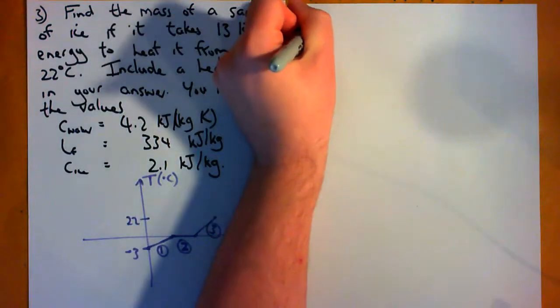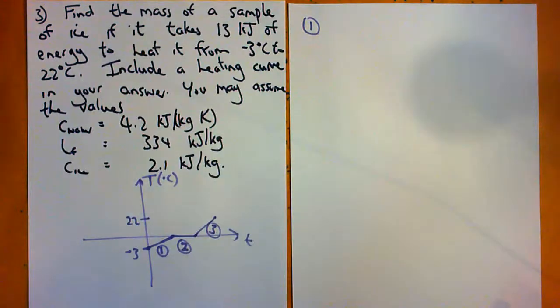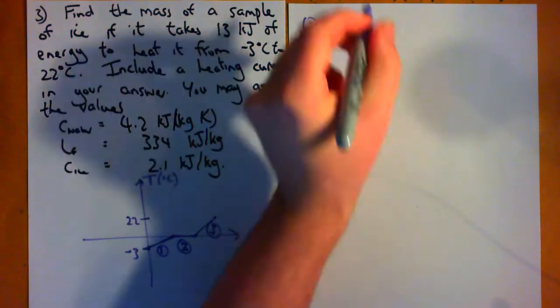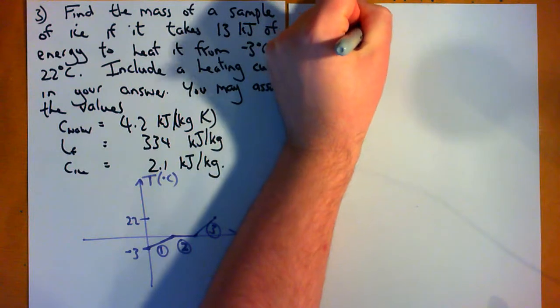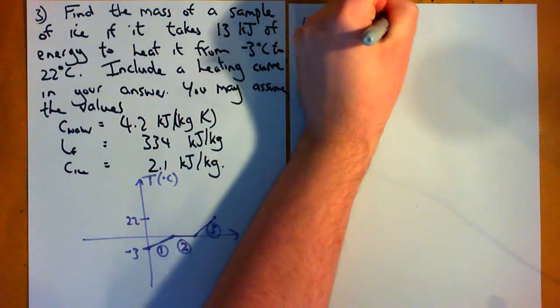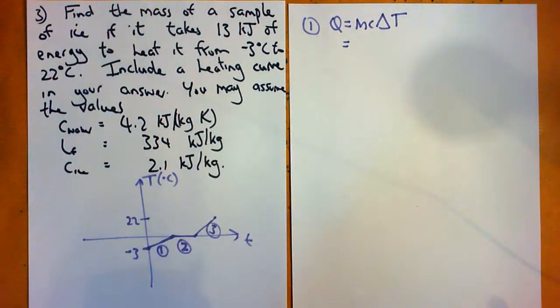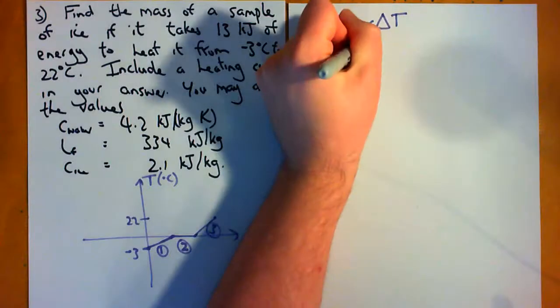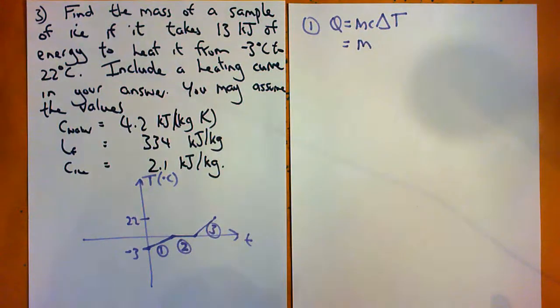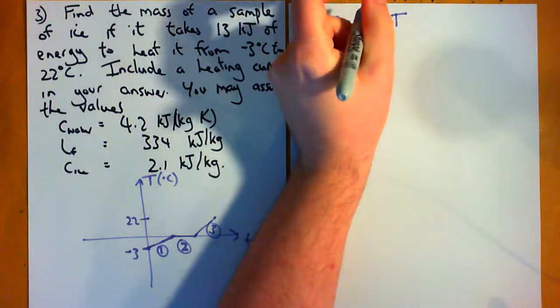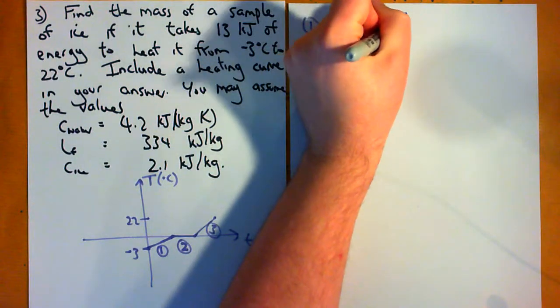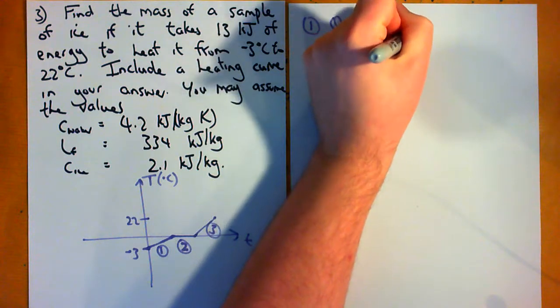So the first stage is where the ice warms up to melting point. Since there's a change in temperature, we're using Q equals mc delta T. We don't know the mass, that's the point of this question. And C is the specific heat. We're dealing specifically with ice here, so that's 2.1.